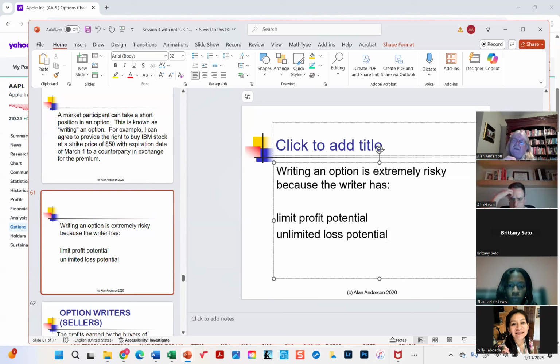In a way, you could think of this as being in the same position as an insurance company, because you're collecting premiums from the customers. But when something goes wrong, you're the one who has to cover the losses. They're collecting all these premiums from all these different customers, and they're hoping that not too many customers have an accident or have their house burned down, because you're the one who has to cover that.